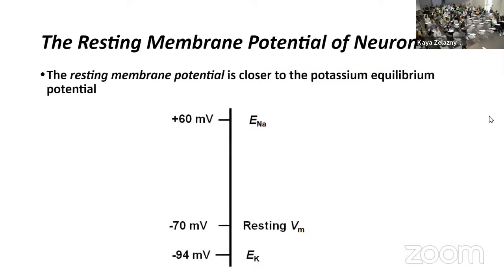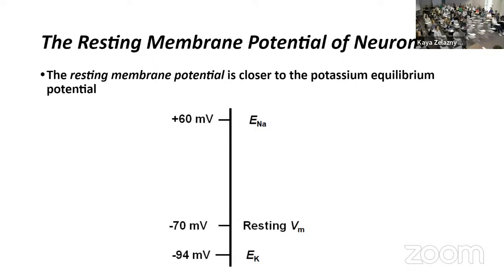Okay. Know that the resting membrane potential, therefore, is closer to the potassium equilibrium potential. We know that the equilibrium potential is essentially the number that that ion is trying to make that membrane potential be. Once we get to the equilibrium potential for an ion, that ion stops moving overall, because that's the point where its chemical driving force and its electrical driving force are equal in magnitude, opposite in direction.